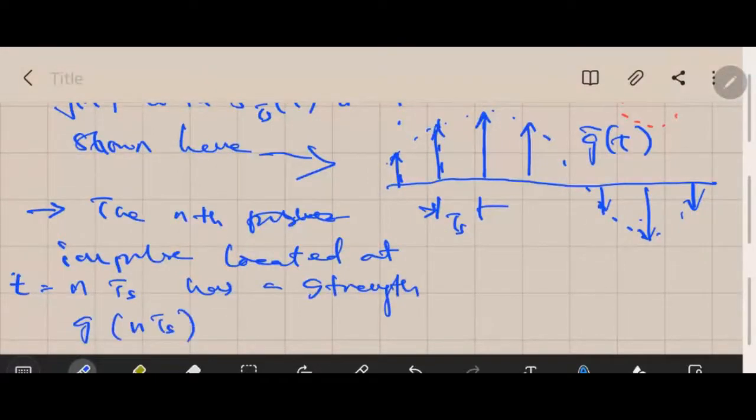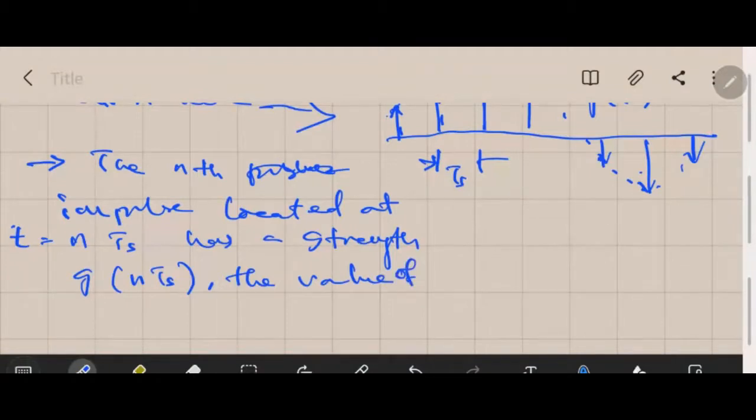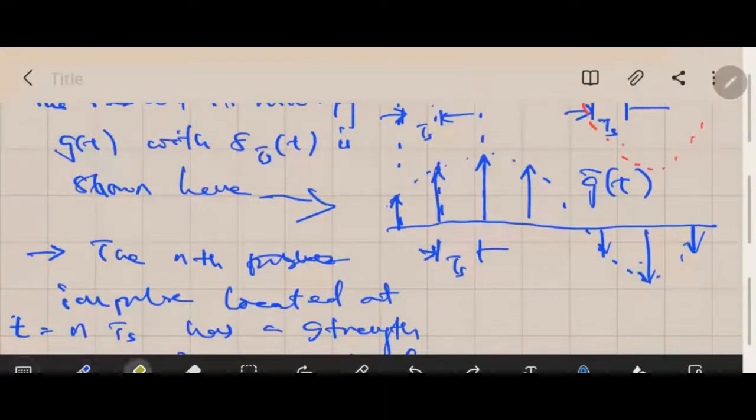This is in accordance with the property that we had discussed in the first module. So that is the value of your g of t at t is equal to nts. If we consider the nth pulse, then what is the time here? It is nts. What is the amplitude here?